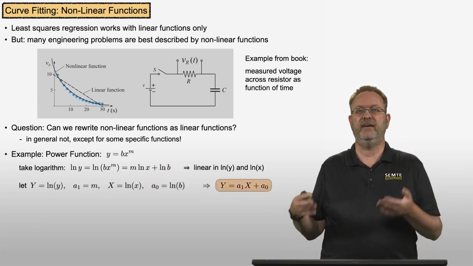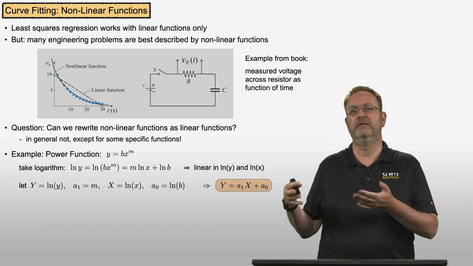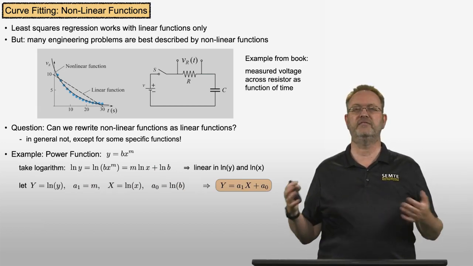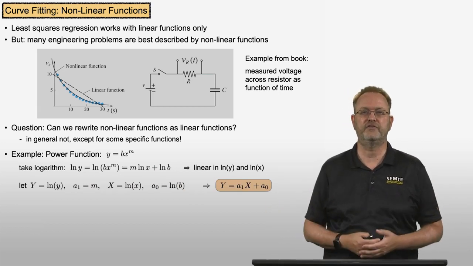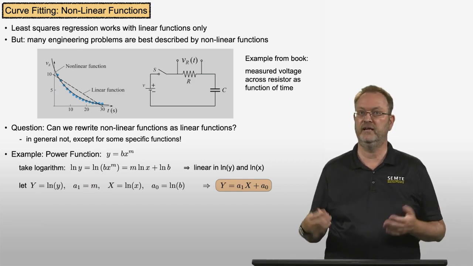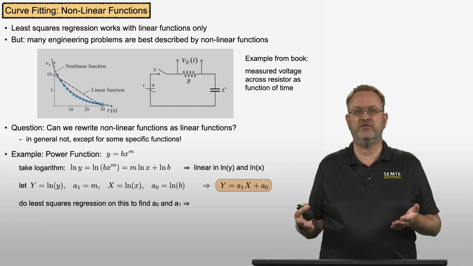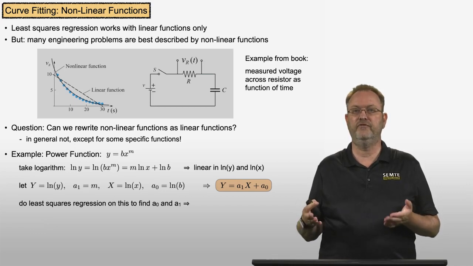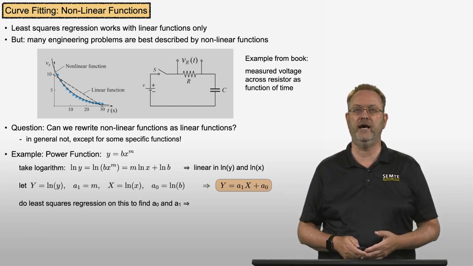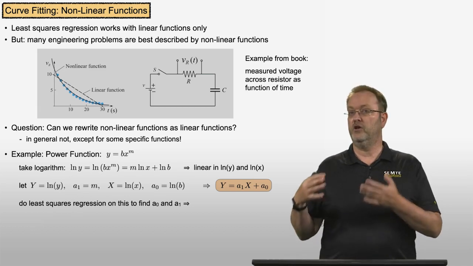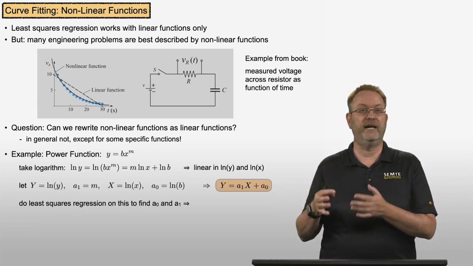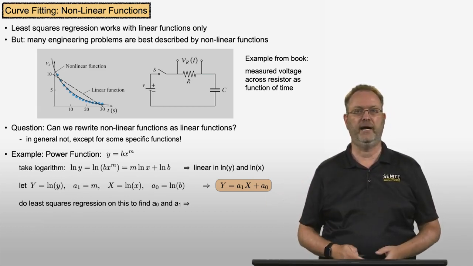So you see here I have uppercase Y is equal to a1 times uppercase X plus a0. That's our linear function that we fit using linear least squares regression. So we can then do linear least squares regression on this to find a0 and a1 using the logarithmic transform of my data pairs little x and little y.